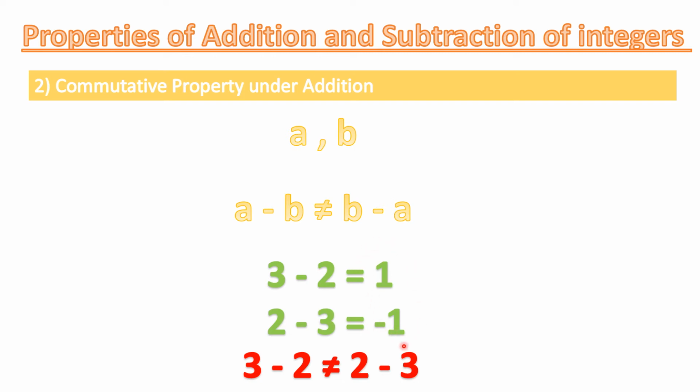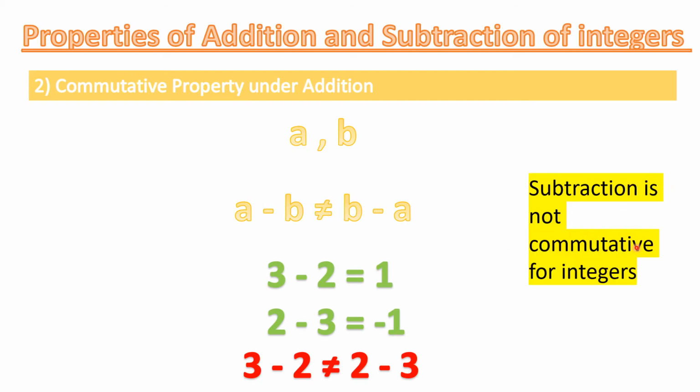So as you can see, when we subtract two integers and when we change their positions, then the answers will also change, which means a minus b is not equal to b minus a. When it was plus and plus, it was equal. But when it is minus and minus, it is not equal. So I can say that 3 minus 2 is 1, which is not equal to 2 minus 3, which is minus 1.